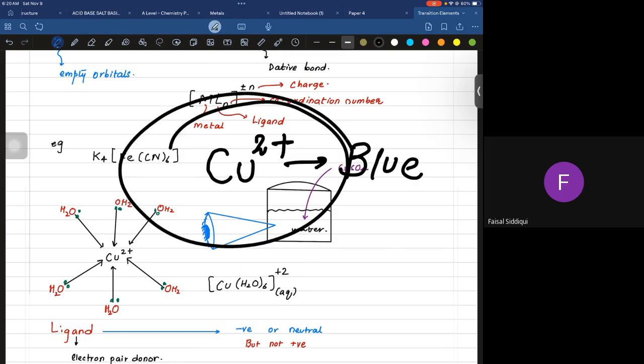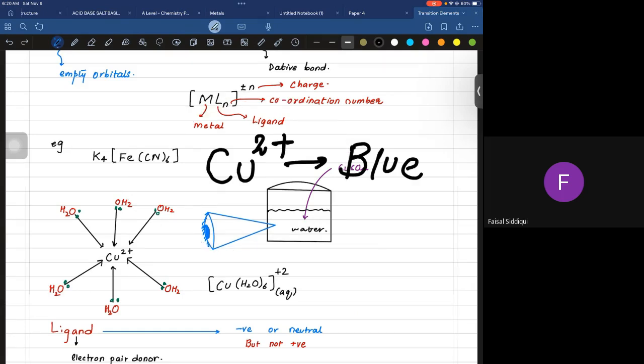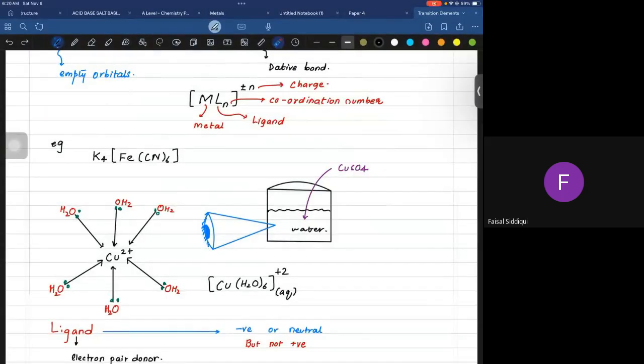Now what happens when you dissolve this copper in the water? Obviously water has positive and negative charges. Water is polar, and polar means charge. Water has lone pairs as well. If you remember the dot and cross diagram for water, oxygen has two lone pairs.